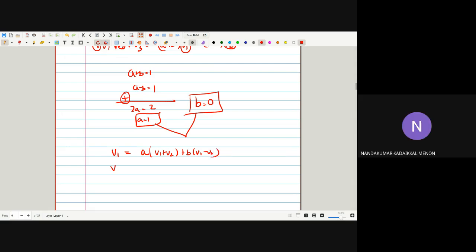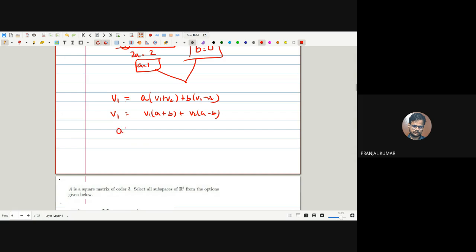Let's see what V1 will be, A plus B, and what V2 will be, A minus B. In this case A plus B is 1 with V1, and A minus B is 0 because there is no V2.